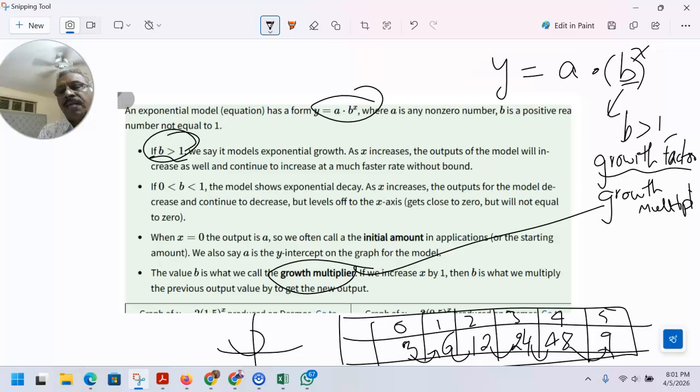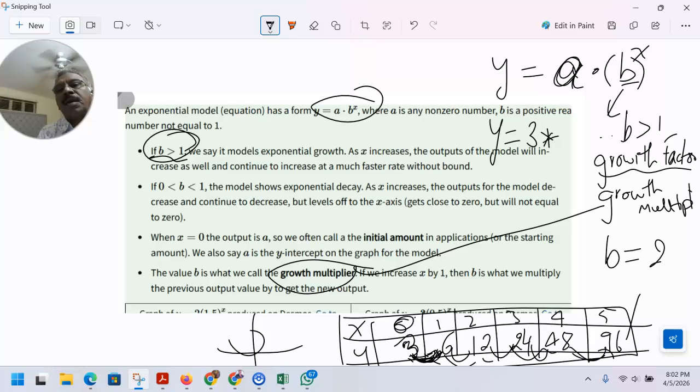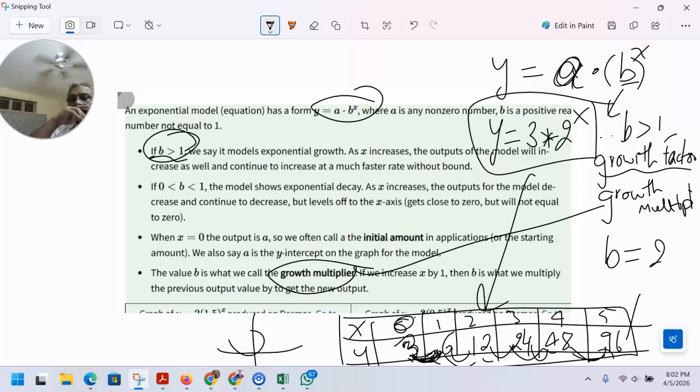And 48 times 2 is 96. You can see the numbers, there's a multiplier 2 here. That's what I'm talking about. So in this example, each time it gets multiplied by 2, so b is 2 here. And this 0 means in the beginning it is 3. It means a is 3, so the function is 3 times 2 raised to x. So you can model the same problem here.